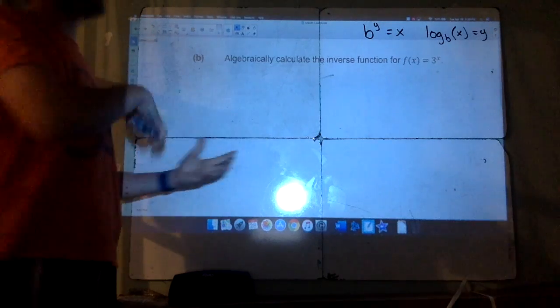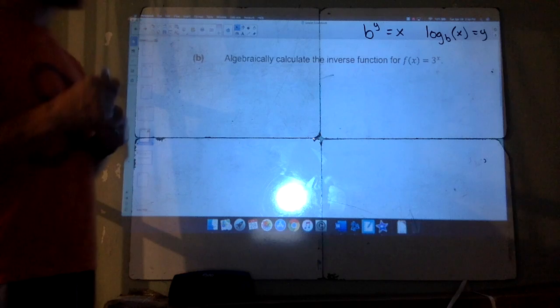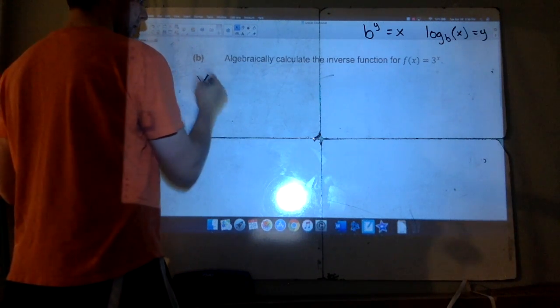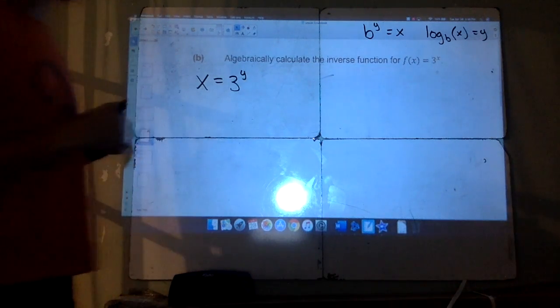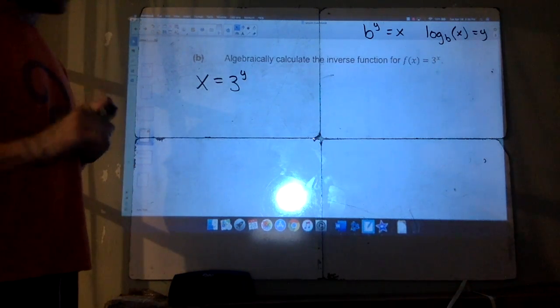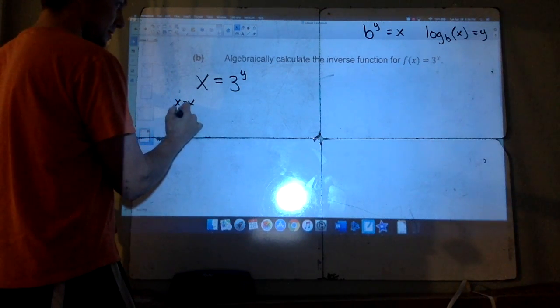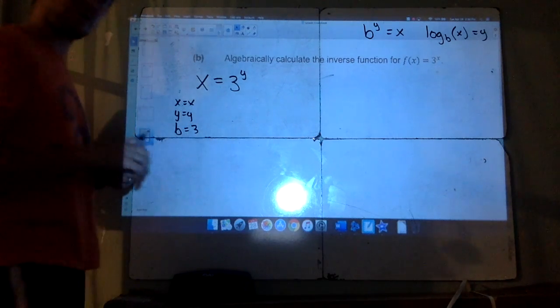So now wrapping it all back to what we started with, we're going to algebraically calculate the inverse of that warm-up problem. So first we're going to say x equals 3 to the y power. So x equals x, y equals y, and b in this case is 3.